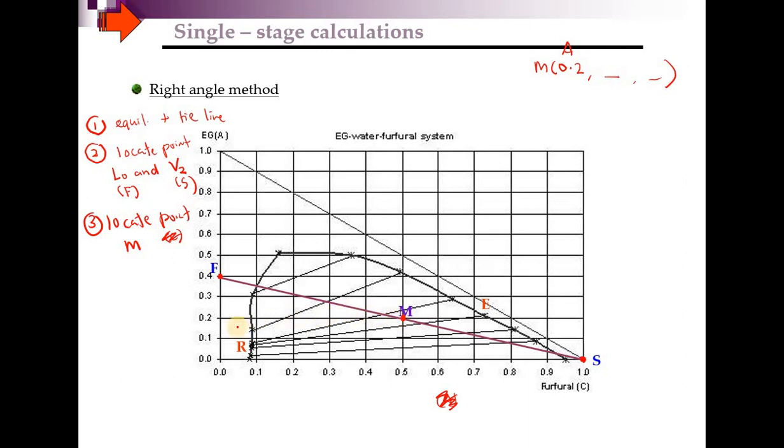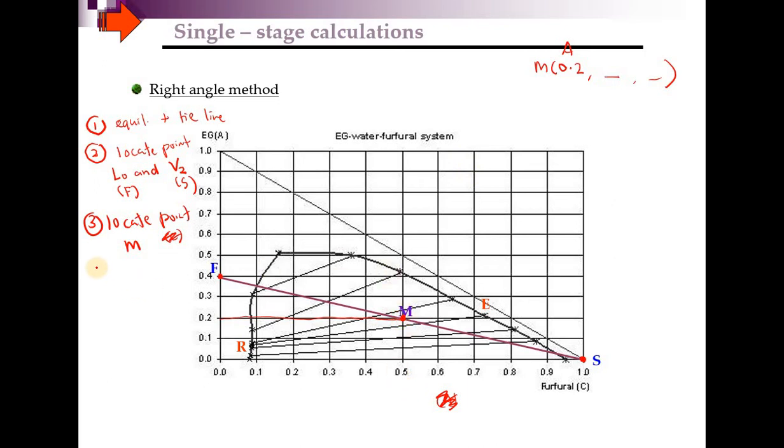So when 0.2, M should be here because it will lie on the line, anywhere on the FS line. In this case, I will calculate M, so I already have the M coordinate, 0.5 and 0.2 here.